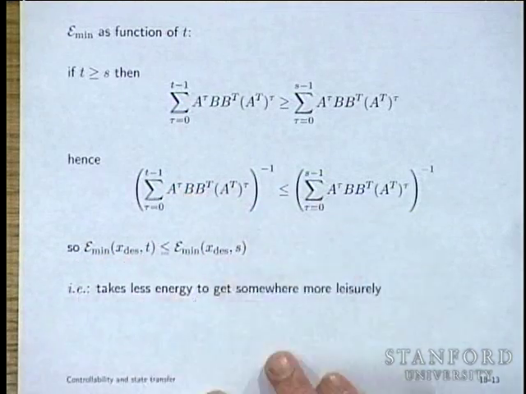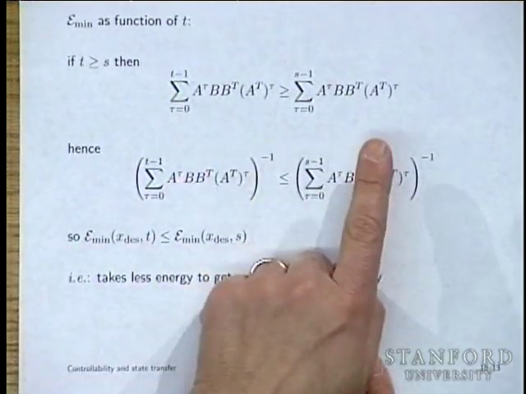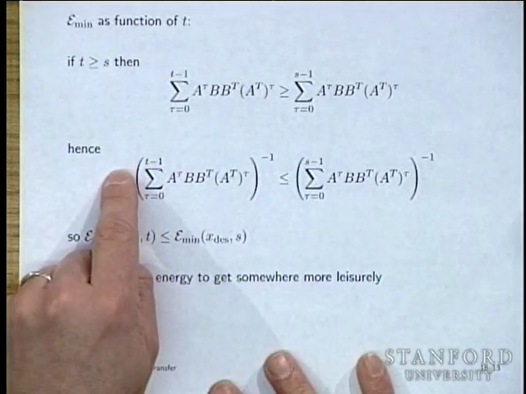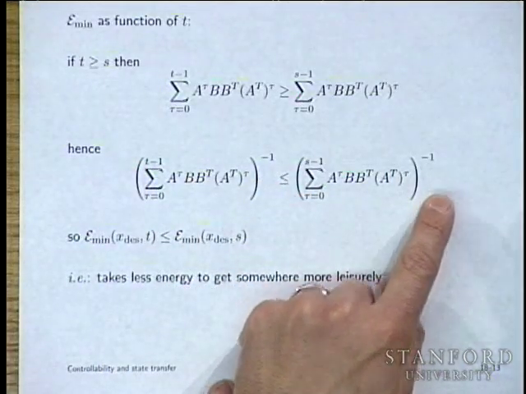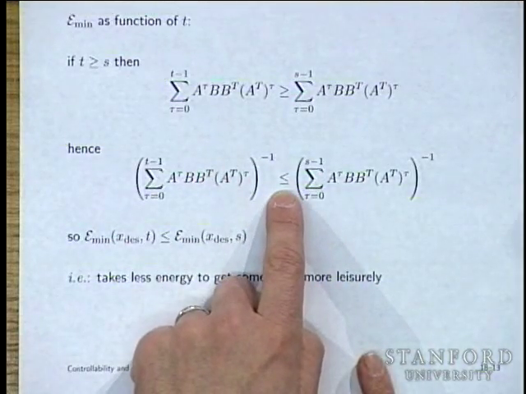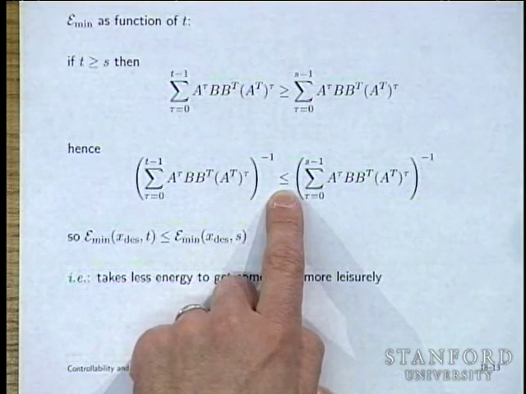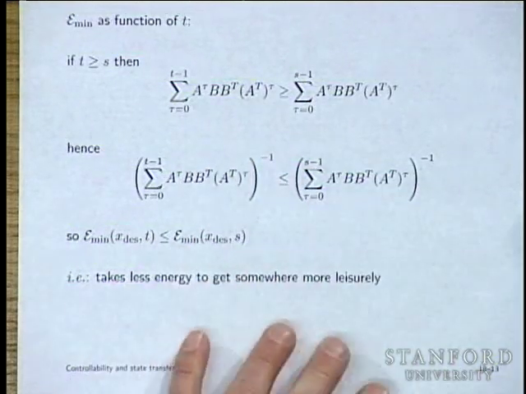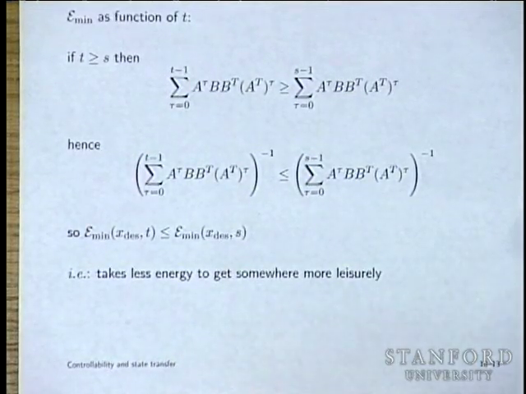So the inverse is less than the inverse here. Now we're done, because if this matrix is less than that, then anytime you put z transpose and z here, this inequality becomes valid. This is now not a matrix inequality, it's an ordinary scalar inequality, and it works. And that says it takes less energy to get somewhere more leisurely. So that's the basic idea. And it all makes perfect sense.